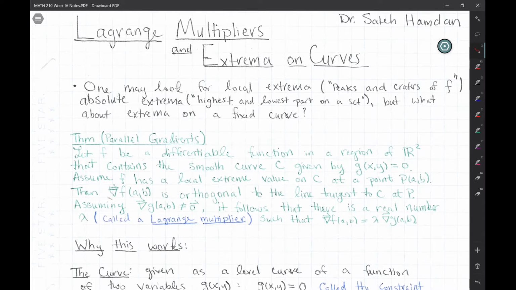So we're not asking for the absolute highest point in Wyoming, say, and we're not asking for the peaks of mountains along a mountain range. What we're asking is for the highest point along a hiking path that we define, and then look at the altitude along that path. So how do we solve that problem?